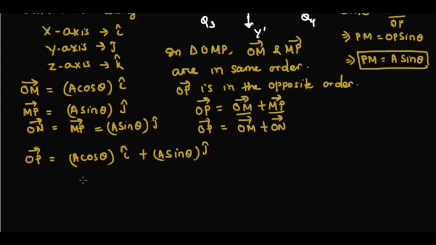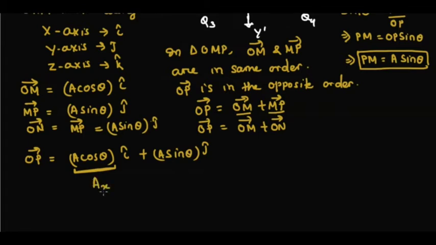Is that clear? So this a cos theta is the magnitude of OM vector, and OM vector is along the x axis. That's why OM vector is known as the x component of OP vector, and its magnitude is a cos theta. So this a cos theta is written as Ax.